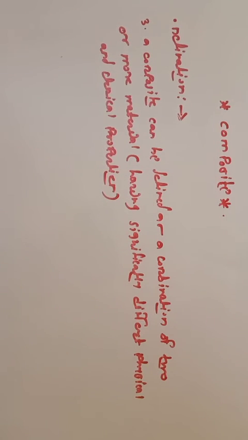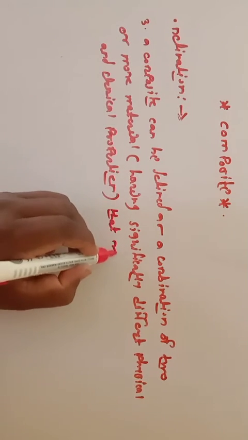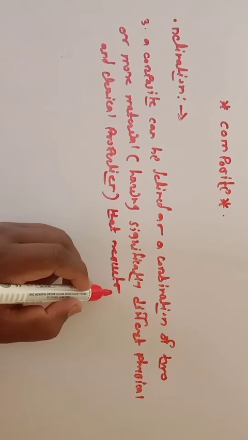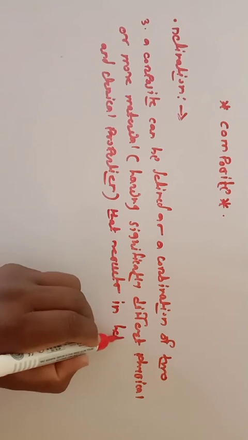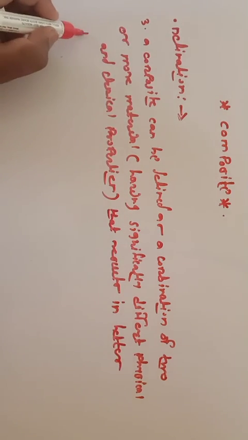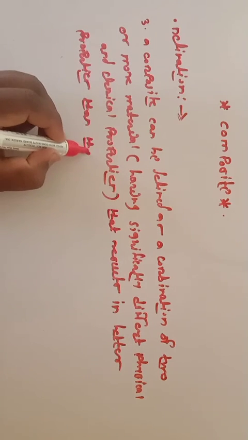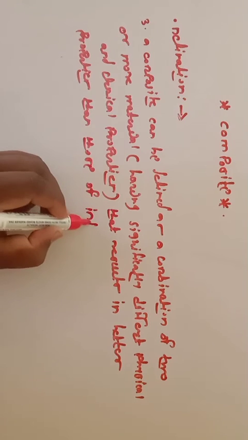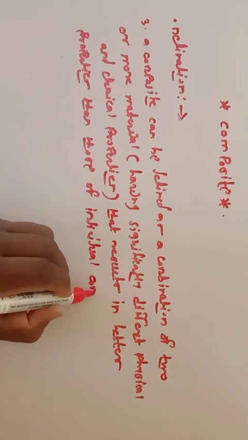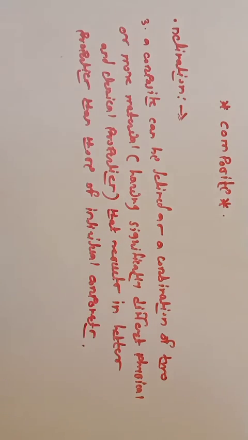A composite can be defined as a combination of two or more materials having significantly different physical or chemical properties that results in better properties than those of the individual components. Each component has its own physical and chemical properties, but when they are mixed, that results in better properties than those of the individual components.